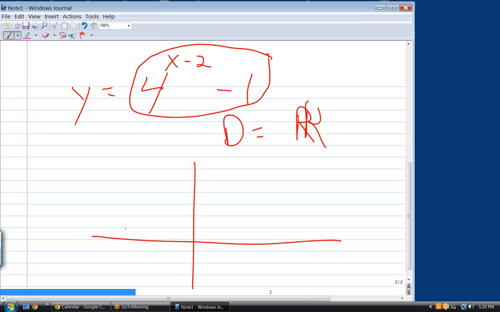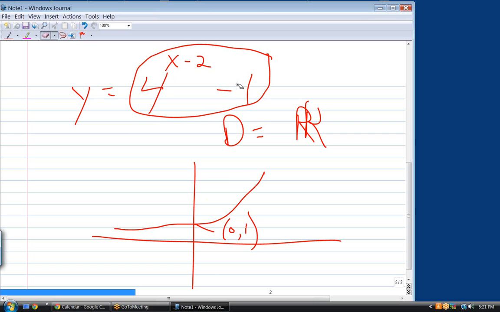All exponential functions tend to look like that. In other words, you can't tell the difference between y equal 3 to the x and y equal 4 to the x, or y equal 10 to the x. For one thing, they all go through that point, which is 0, 1. So all exponential functions tend to look pretty similar.